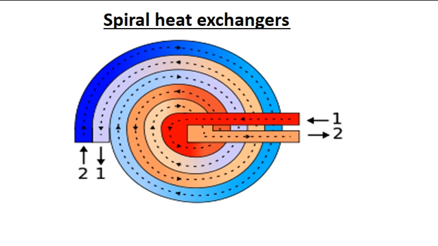The spiral heat exchangers can be fitted with different flow arrangements like counterflow arrangements where fluids flow in opposite directions, parallel flow arrangements where fluids flow in the same direction, and cross flow arrangements where the fluids cross each other.